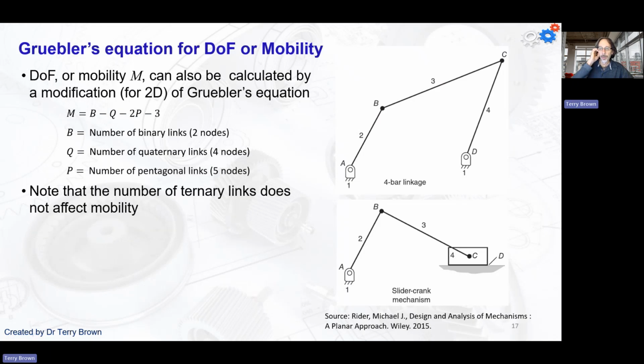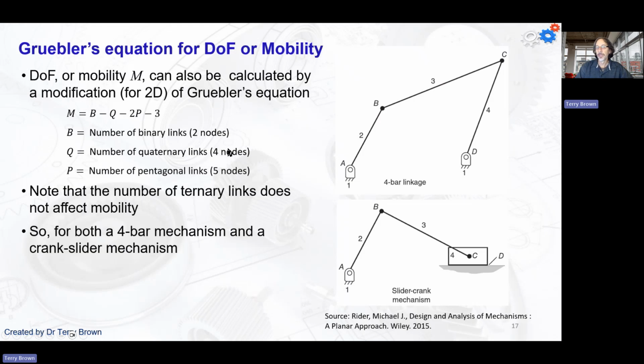Okay, the other way we can count the degrees of freedom or determine the mobility of the mechanism is by using Grubler's equation. With that, we just count the number of different types of links in the mechanism, and this one, as you'll see, doesn't obviously work all the time.